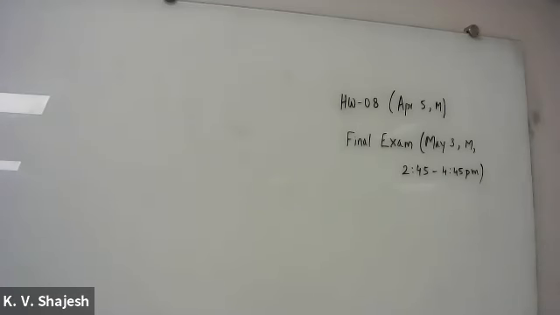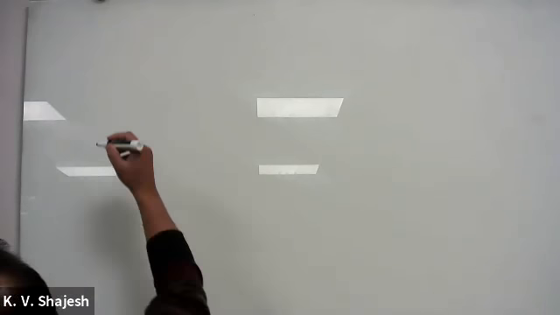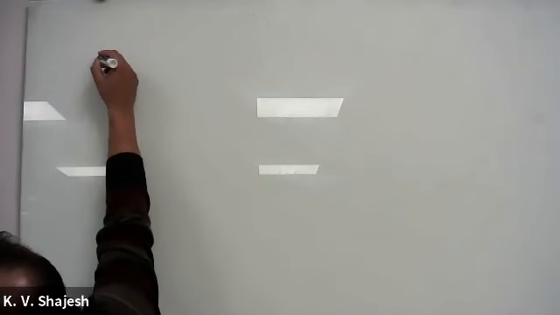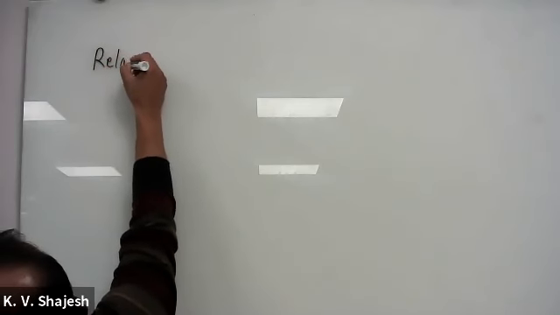So we were doing relativistic formulation, and I want to do collisions, which also appears as a problem in your homework. So let me discuss collisions in general. So remember, we want to do relativistic collisions.